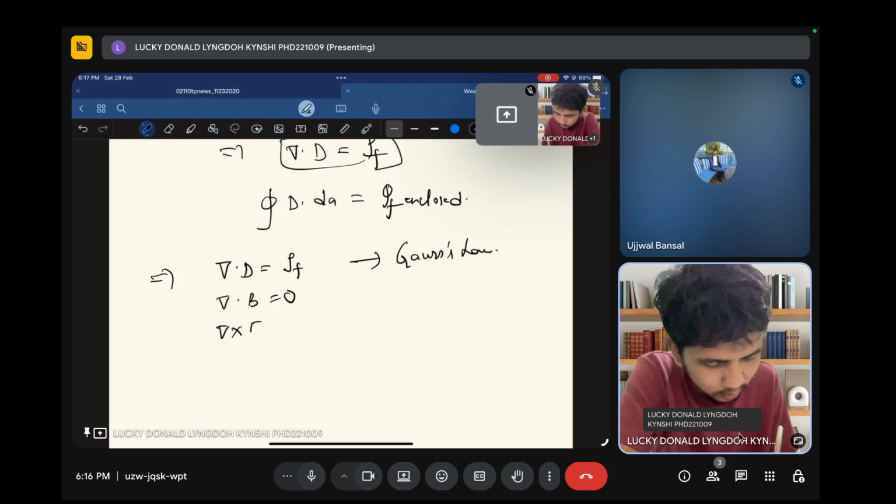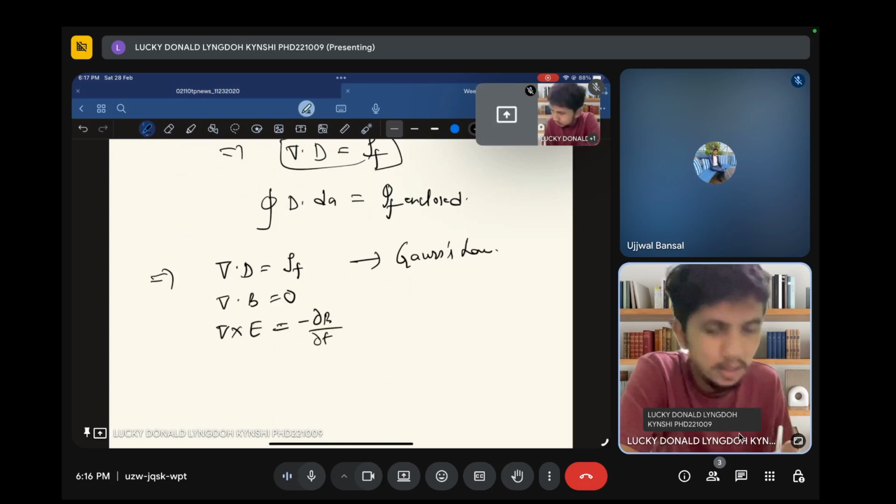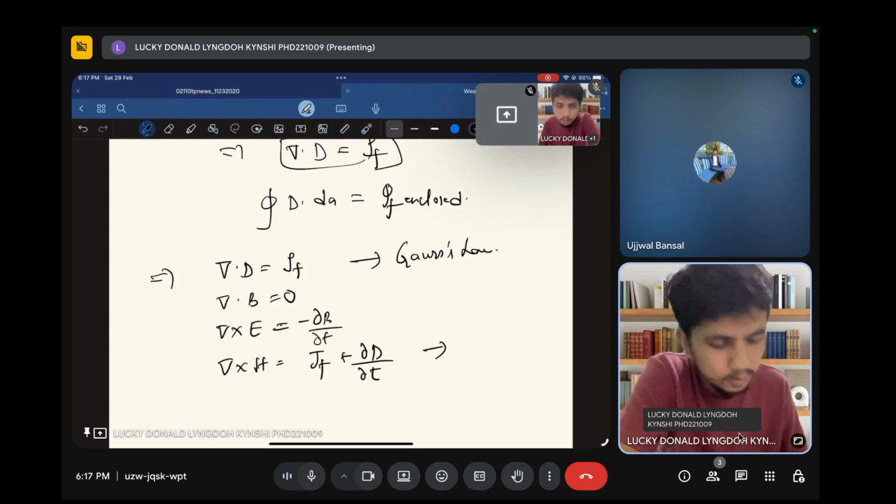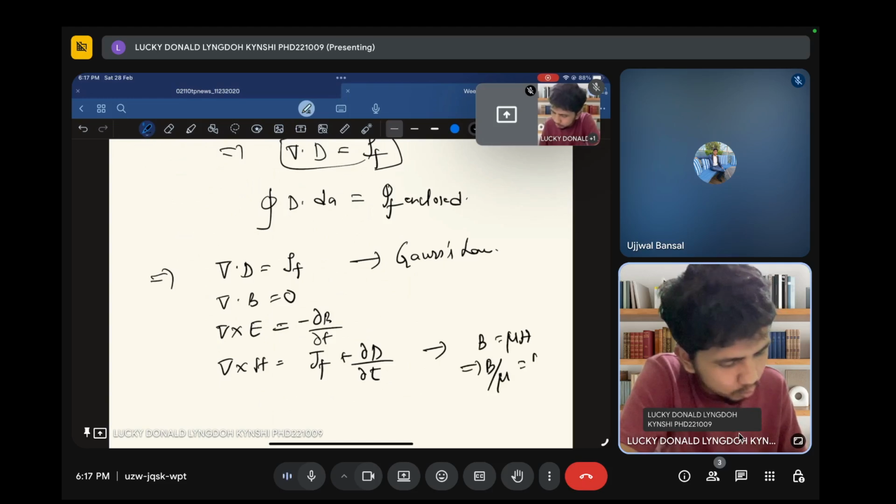Del cross E is equal to minus del B by del t, which also remains the same. And finally, del cross H is equal to J F plus del D by del t. This is also the same thing, but you just replace B equal to mu H, so that means B by mu equals H.